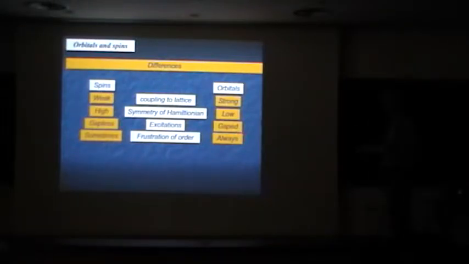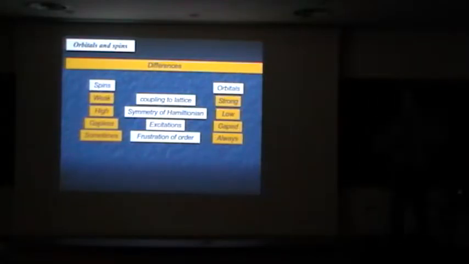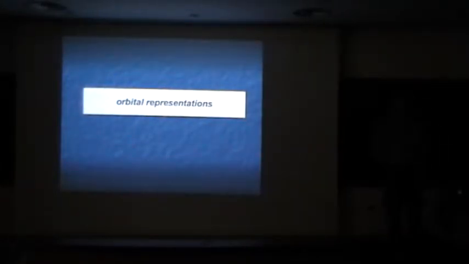I'll show you that actually the situation is different for orbitals, where the order is almost always frustrated. Even if I'm living on a bipartite cubic lattice, orbital interactions are such that the system is intrinsically frustrated. Okay. So now you could ask many questions, but let's not do that.